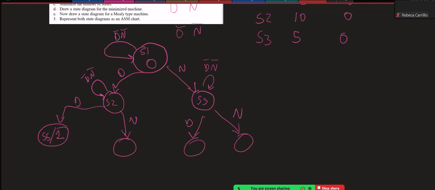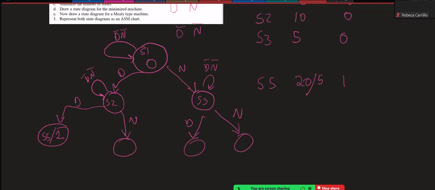So S5 currently has 20 cents, and it will have an output of 1. I'm going to put 20/5 because it'll have 5 left over after it dispenses the candy.